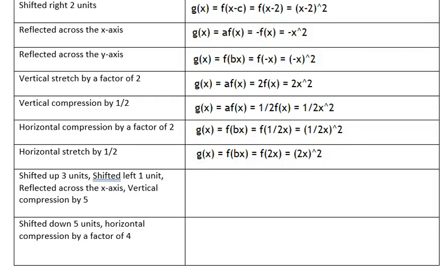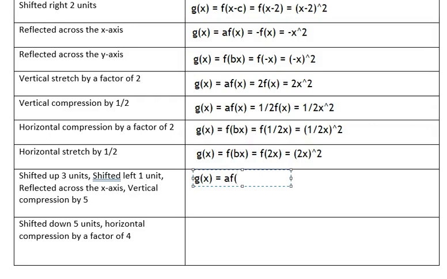So for these, like this first one, it says we want to shift up 3 units. So we've got a vertical shift, we've got a horizontal shift left 1 unit, reflecting across the x-axis, and a vertical compression by 5. So here, in our general transformation function, we need a vertical scaling and a reflection. So we have a reflection across the x-axis.